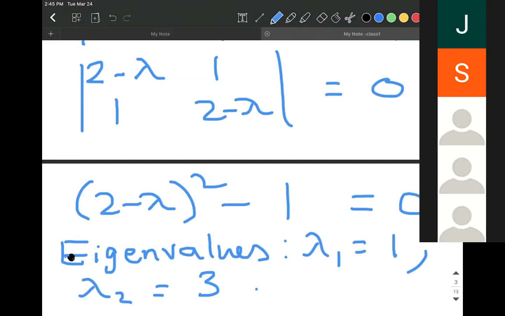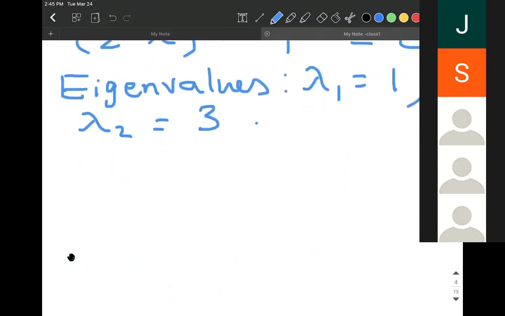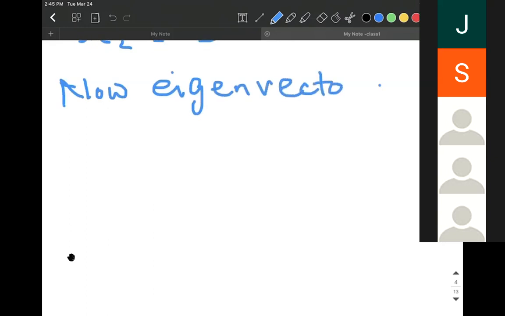Now to find the eigenvectors, what do we need?